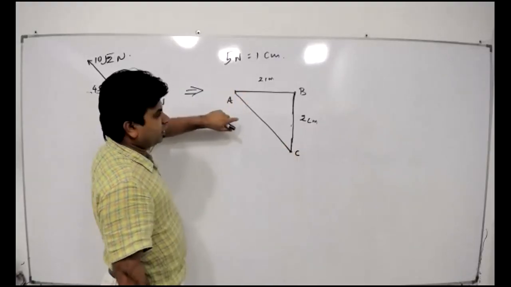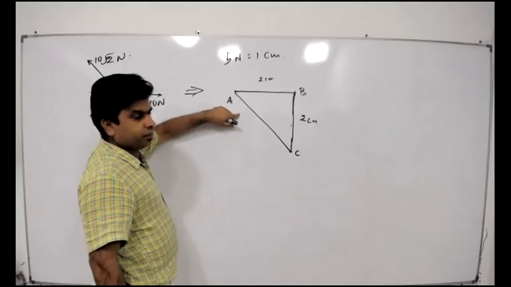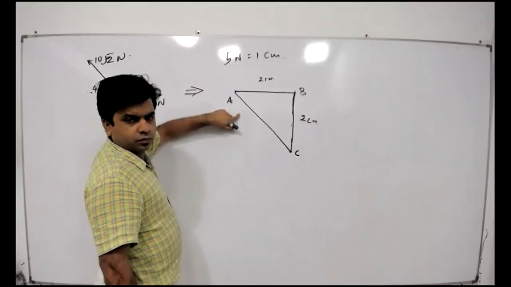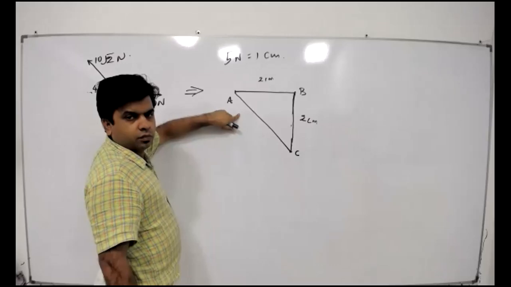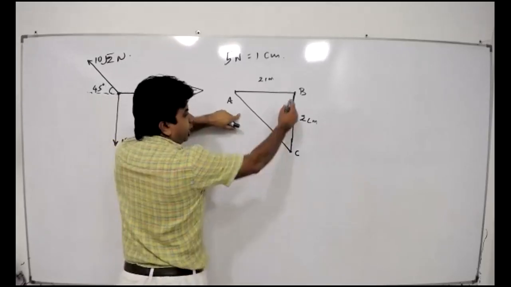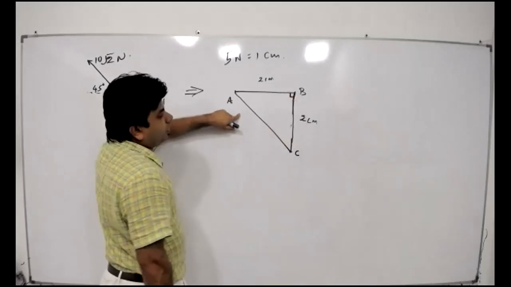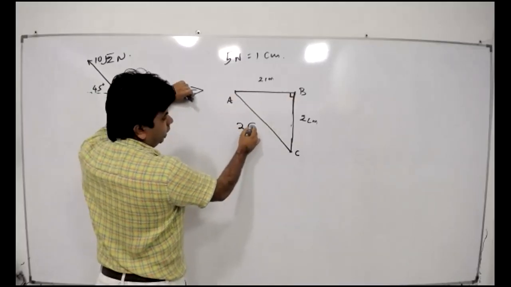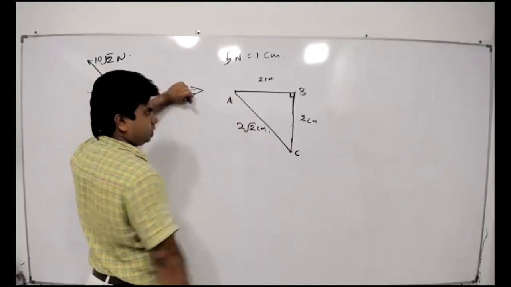Can someone tell me what is the length of the side AC in centimeters? You know that here it is 90 degrees, so these two are equal. That means the square root of 2 squared plus 2 squared, which is 2 root 2 centimeters.